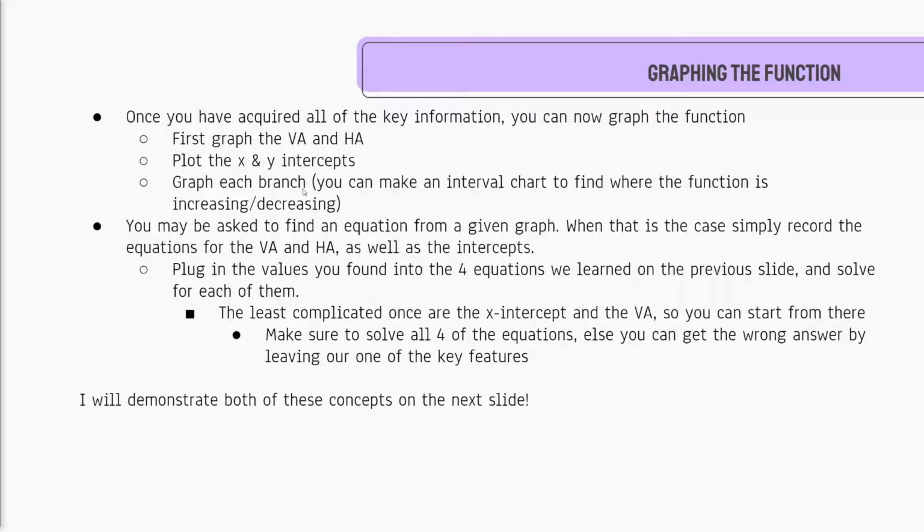The key part with this is to remember how those branches will be behaving compared to your vertical asymptote, your horizontal asymptote, and your x and y intercepts.